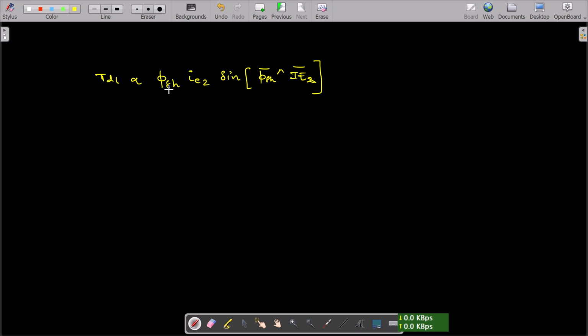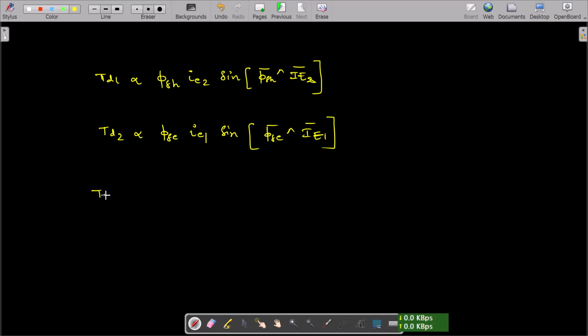Another torque, TD2, will be proportional to phi SC and IE1 and the sine of the angle between phi SC and IE1.